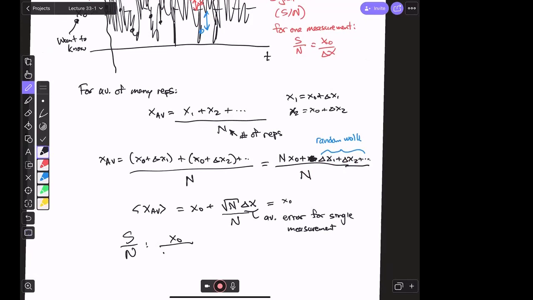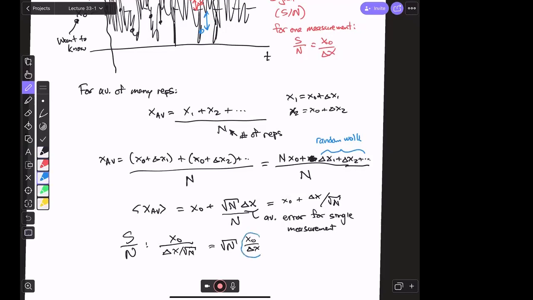So this will be X naught plus delta X divided by square root of N. So I'm canceling a square root of N between the top and the bottom. So the signal to noise would be X naught divided by delta X over root N, which is equal to root N times X naught over delta X.